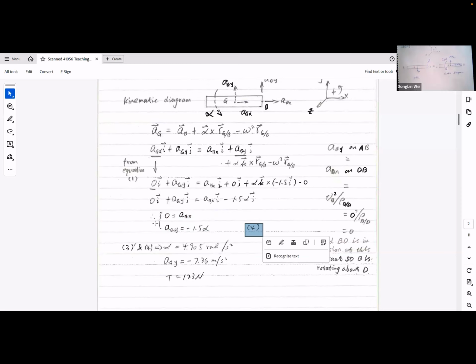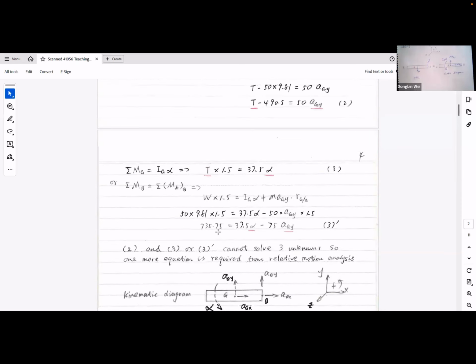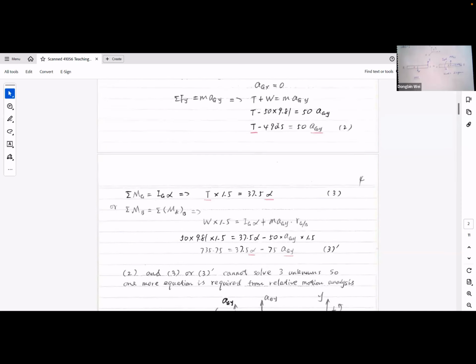Because if we know the relationship between AGY and alpha, then look at this equation here. For these 2 equations, 2 and 3, we can substitute the relationship between AGY and alpha.